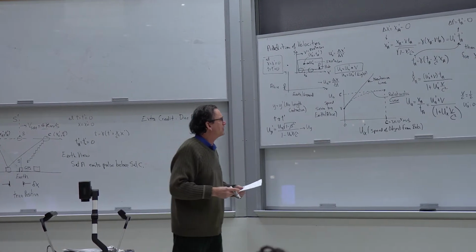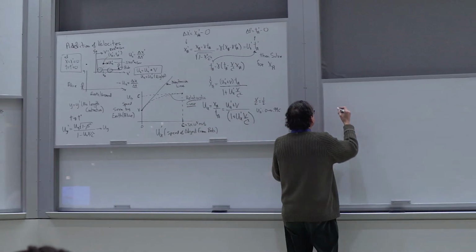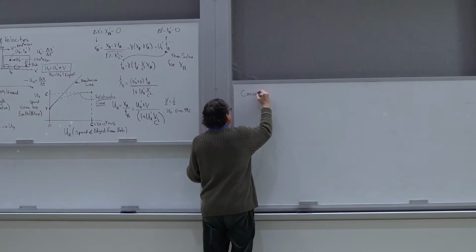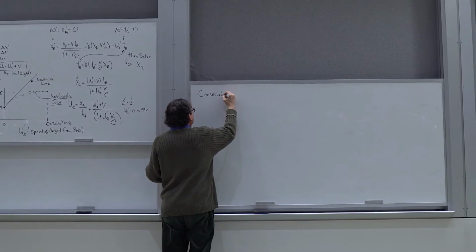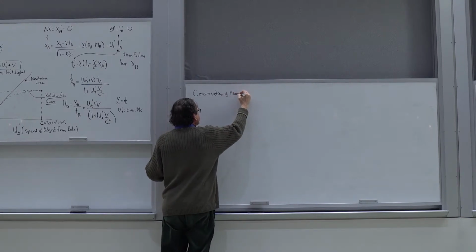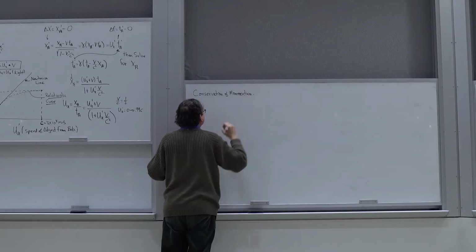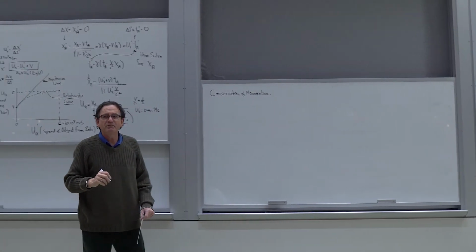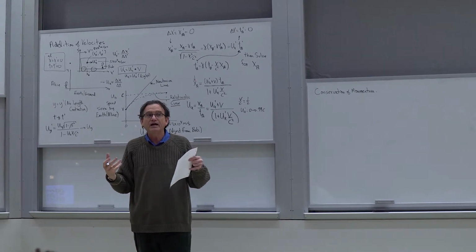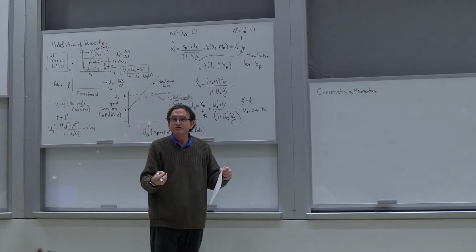Okay, so the next step we're going to move on to is another principle of physics, which is called conservation of momentum. We expect that when I have two objects that collide together and bounce off of each other, we have conservation of momentum and conservation of energy.